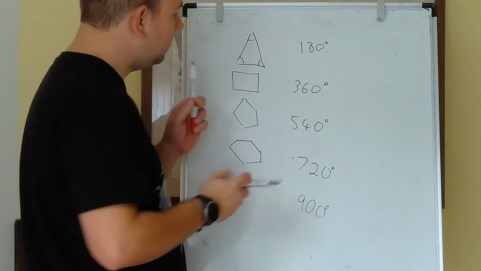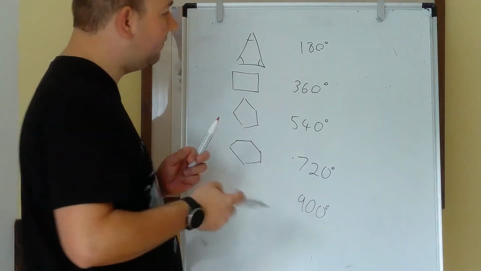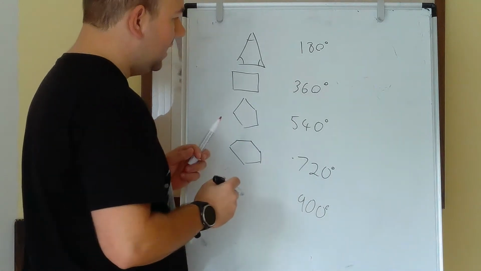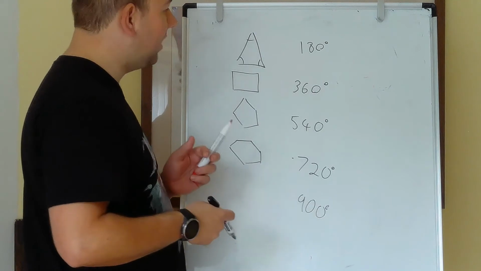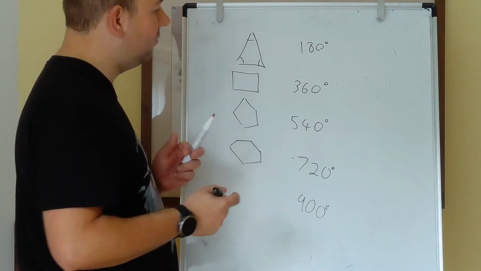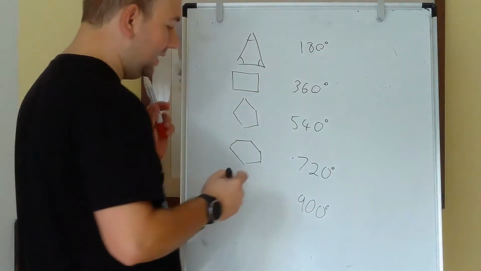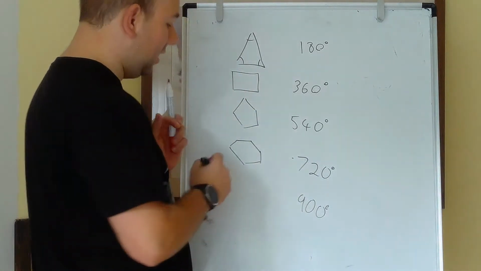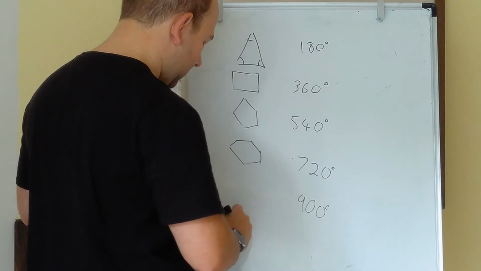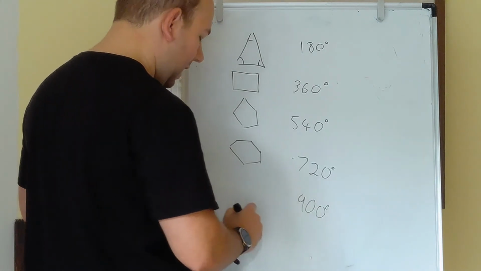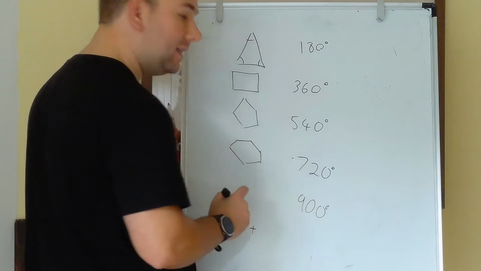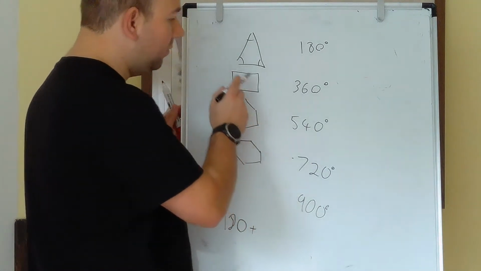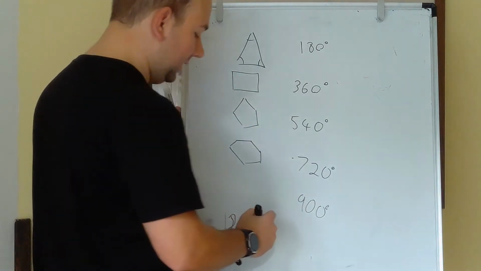So once we see this trend, we can start trying to think of a formula for this. There are numerous ways of deriving a formula, but the way that I would think about this is that you always start off with your triangle, which is 180 degrees, and to that we're going to add a number, and the number will be the extra number of sides.